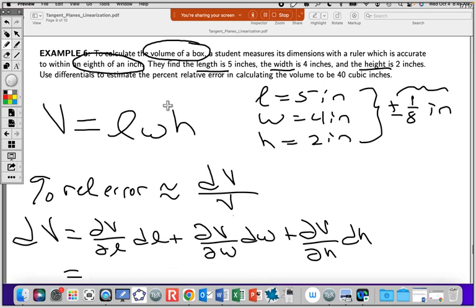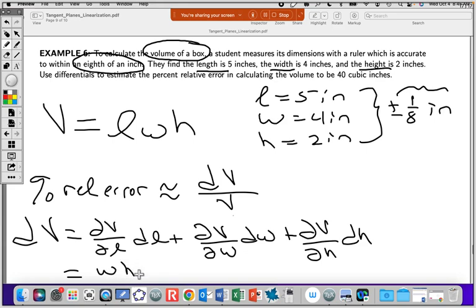And there's a nice symmetry between L, W, and H. What's the partial derivative of V with respect to L? Partial derivative of V with respect to L means we're treating W and H constant. So what do we get for that? Yep, WH.